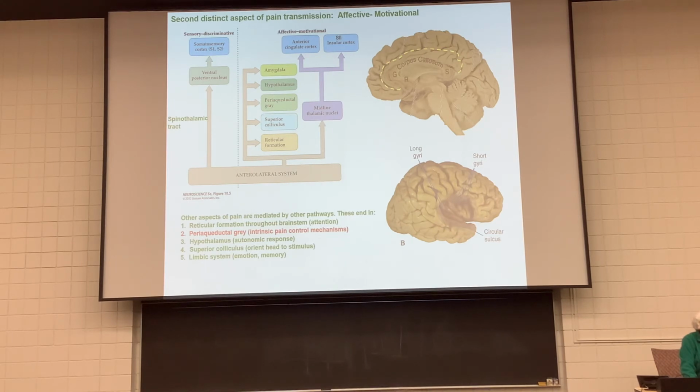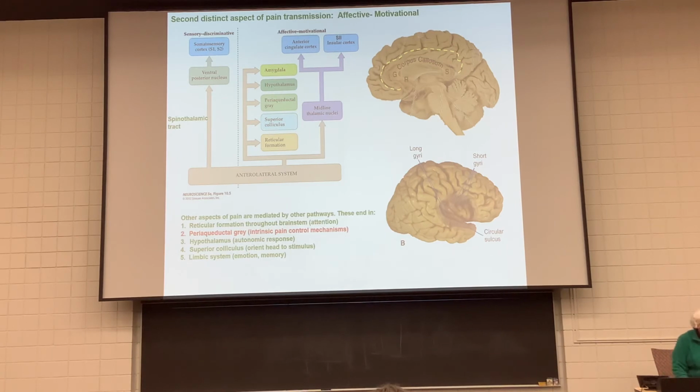There's a little side path that goes through a different set of thalamic nuclei, and they go again, look, S2, and insular cortex. We saw with patient GL, that was an area that kind of provided an emotional response to touch. It's also an area that provides an emotional response to pain.